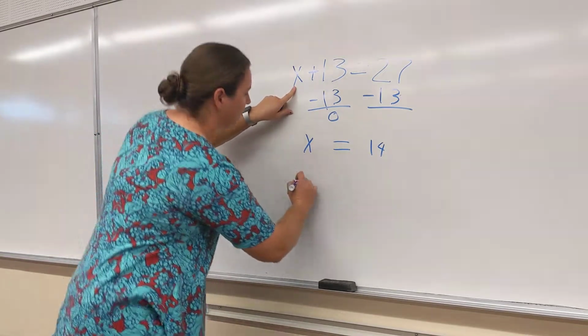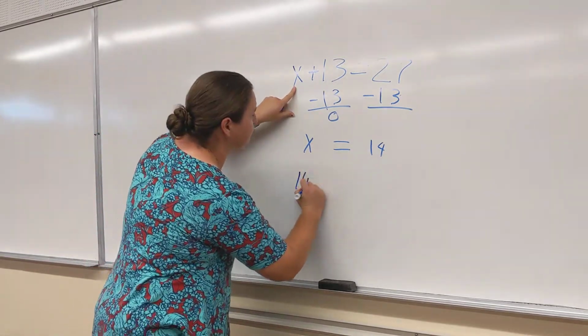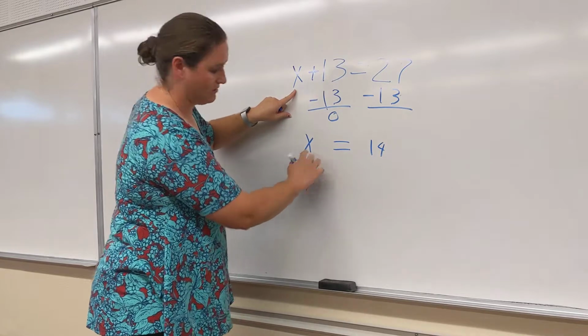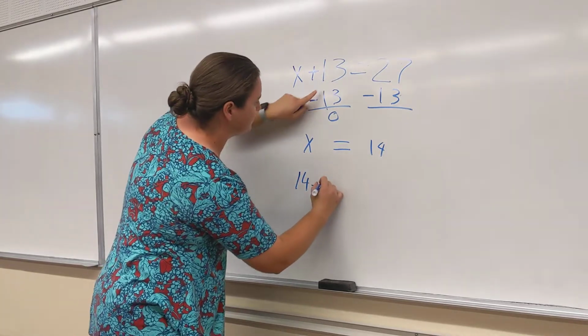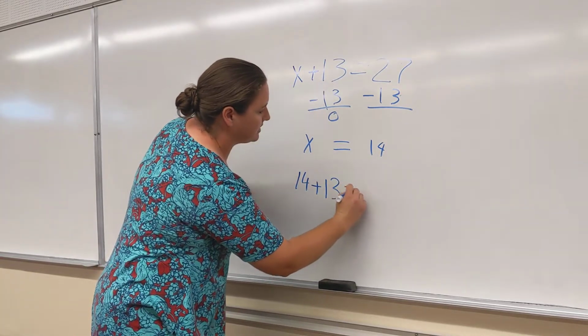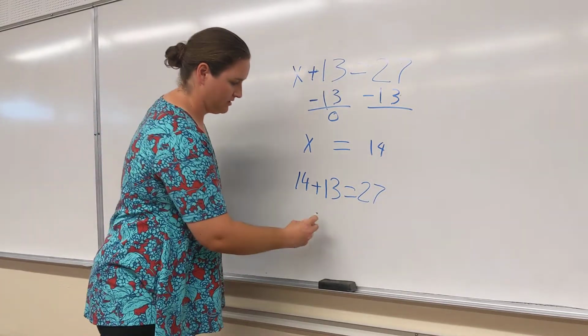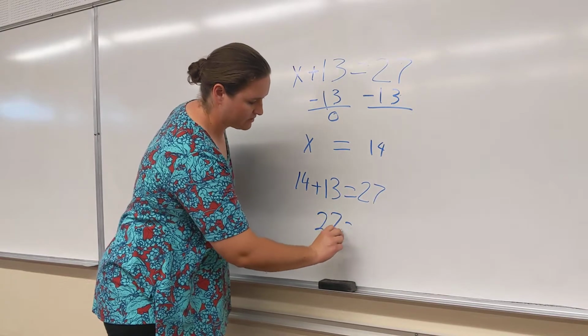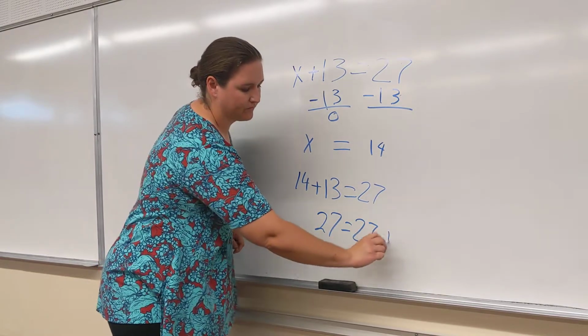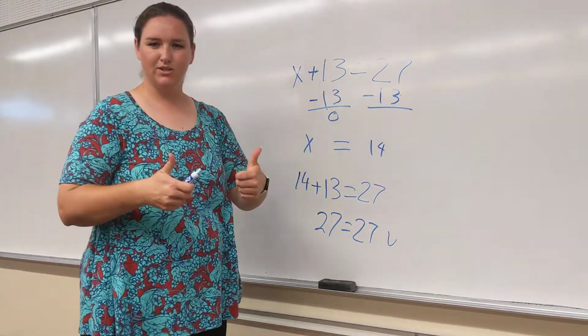So let's check it. We have 14, because that's what our x is, right? 14 plus 13 equals 27. Is that right? 27 equals 27. We checked it. Good job.